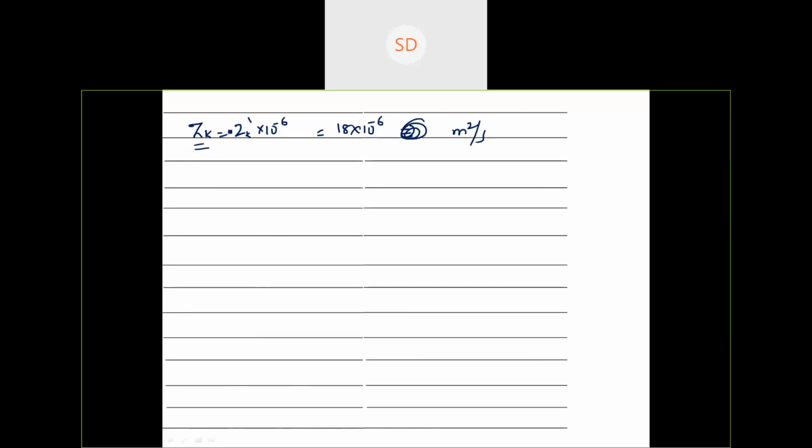Now to get the value of absolute viscosity, you have a relation with kinematic viscosity. I'll go back to the data handbook. So Zk equal to Z divided by rho into 10 to the power of minus 3.